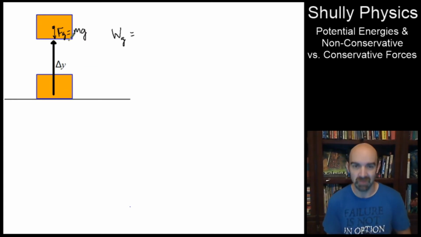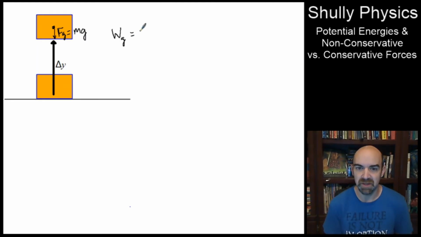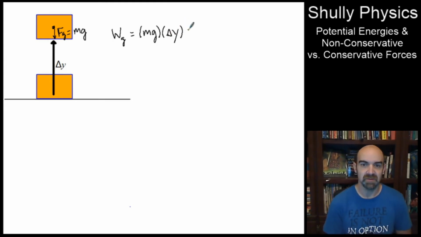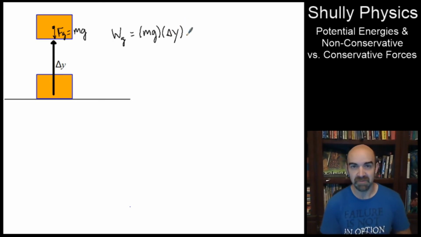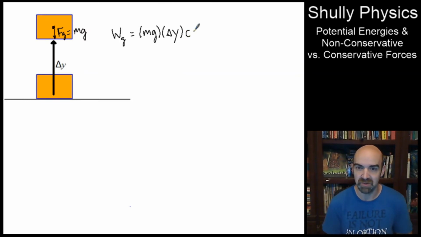Weight is downward, and the displacement is upward. So let's put those together. The force involved is mg, that's the weight. Our displacement is delta y. And we've got F times displacement times cosine of the angle between them. So our angle here is 180.